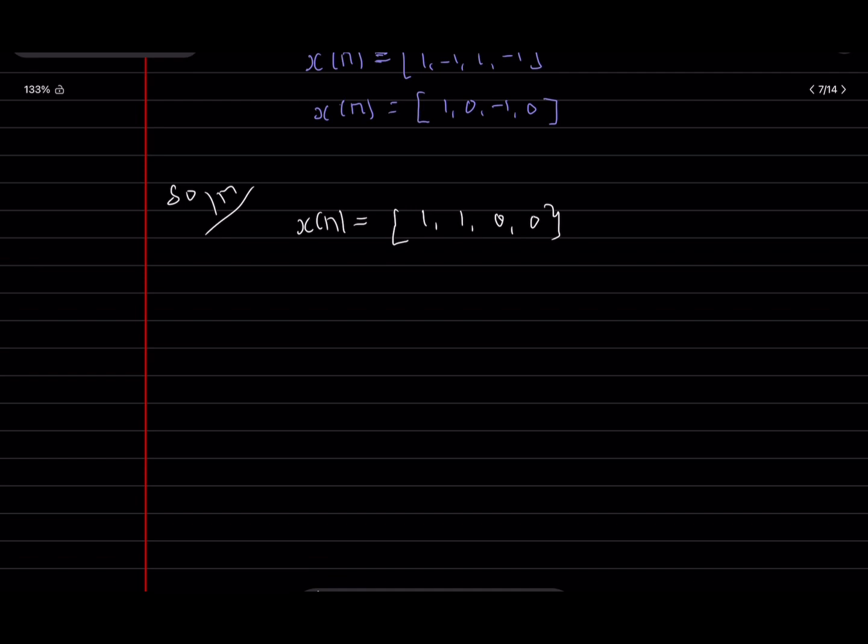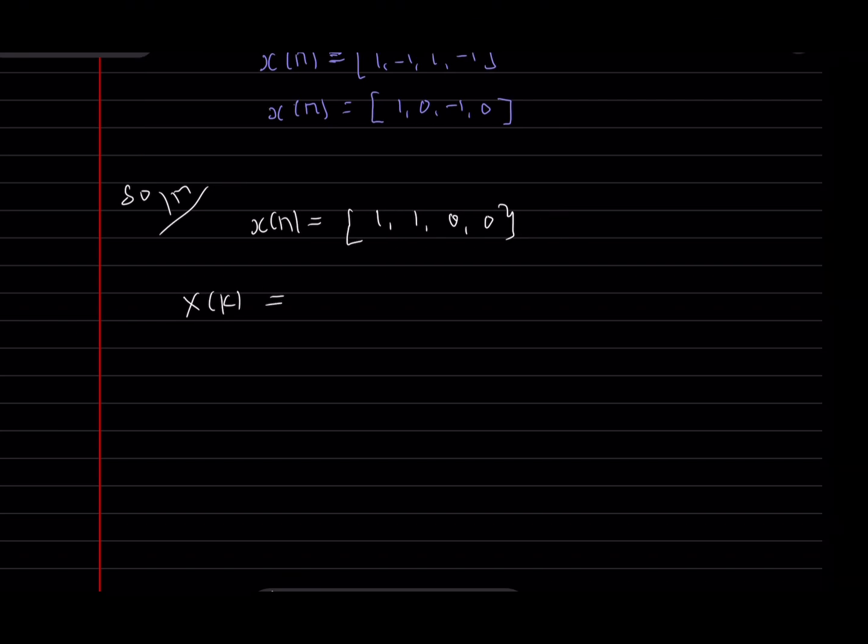So this is a 4-point DFT, and you are going to do the direct computation. First of all, our X of k is equal to summation of n equal to 0 to 4 minus 1, because it's 4 elements, of x of n exponent negative j 2 pi over 4 nk.